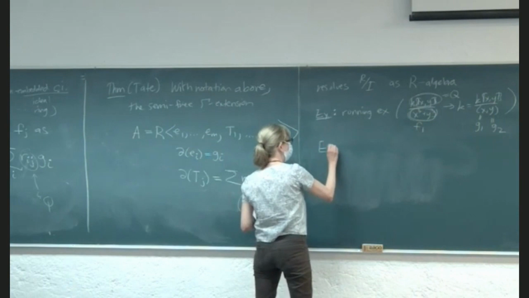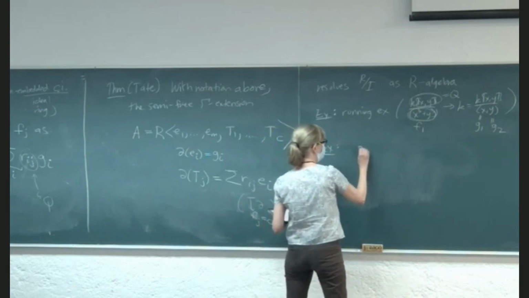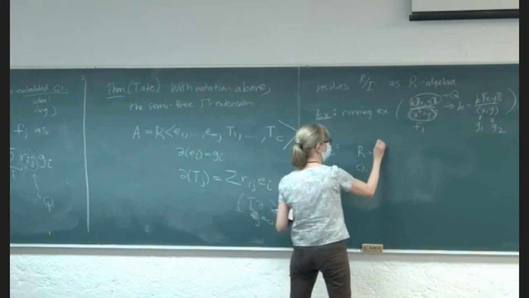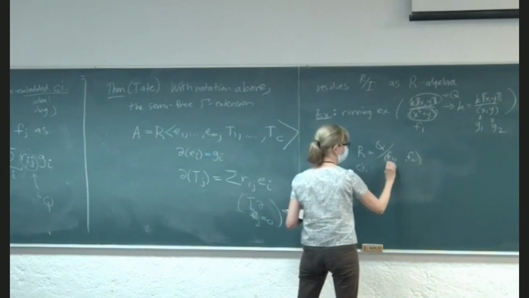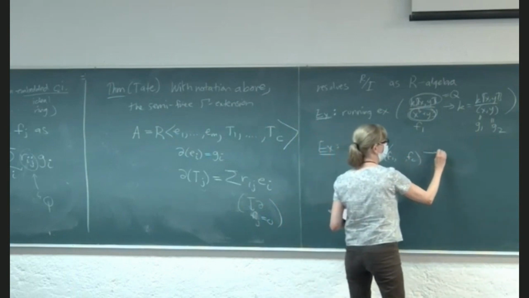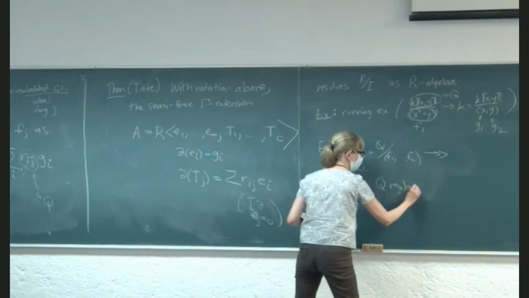So for example, whenever R is a complete intersection, it looks like Q mod F1 through FC, and that's a regular sequence. And Q here has to be a regular local ring.